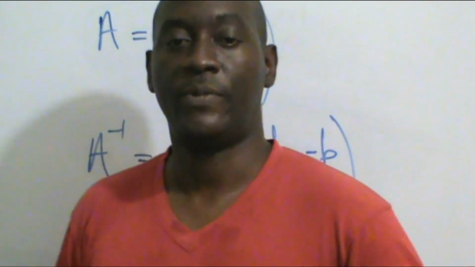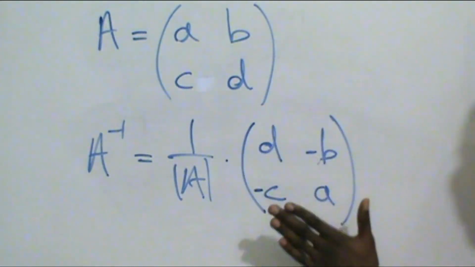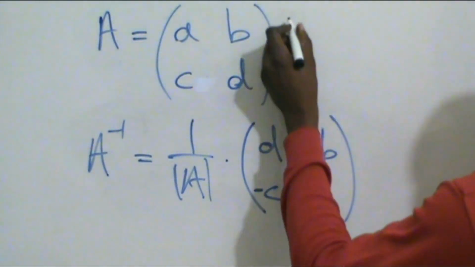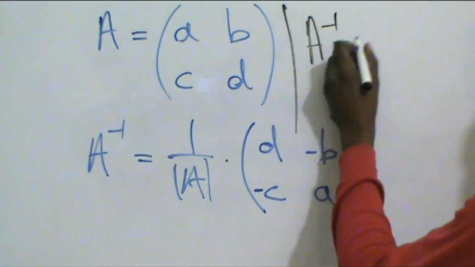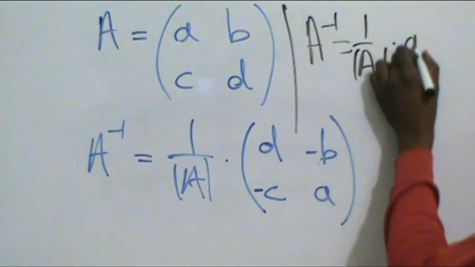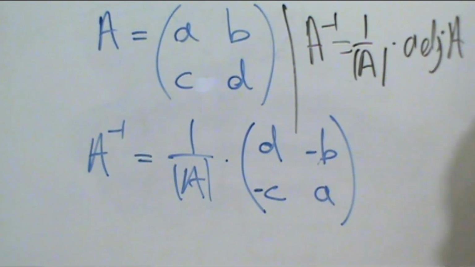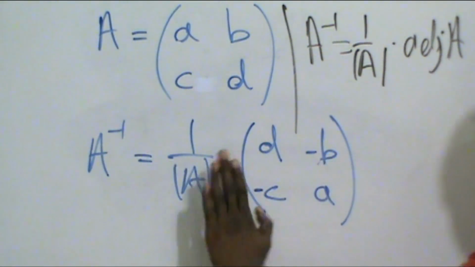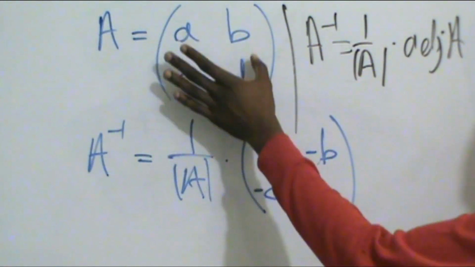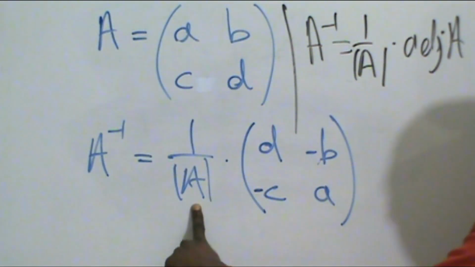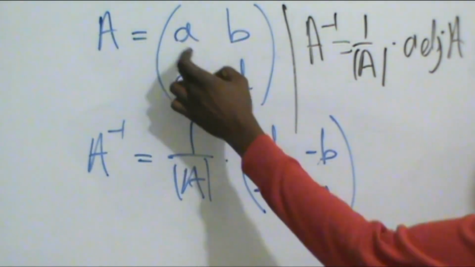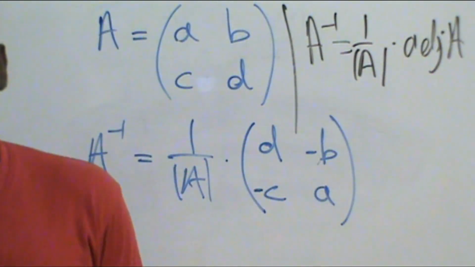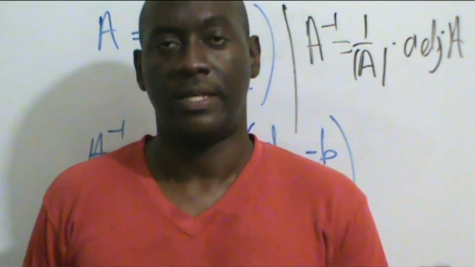Then you can take the next step, which is this fellow here, which we refer to as the adjoint of A. In many books, you would see that the inverse is written as A minus 1 is equal to 1 over the determinant times the adjoint of A. This is the same as this, but I made sure to write it out like this so that you can see exactly what happens to the elements of A. We already know how to find the determinant, and with the adjoint you switch A and D and change the sign of B and C. That is all there is formula-wise in terms of finding the inverse.